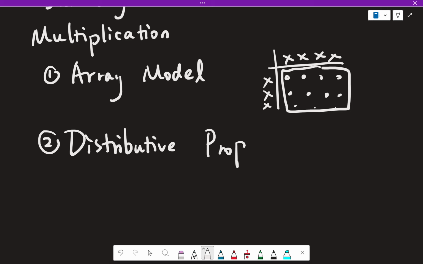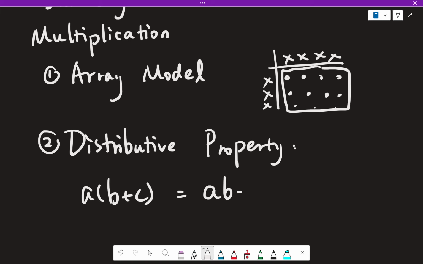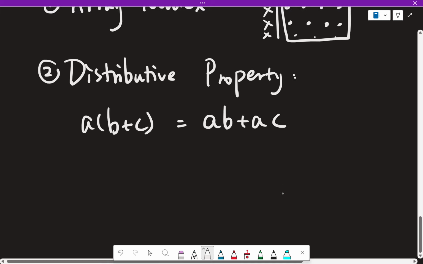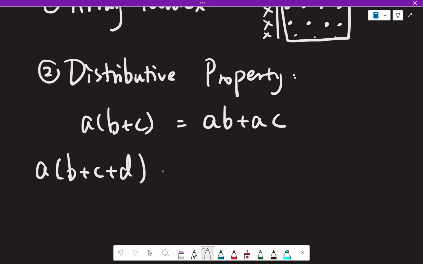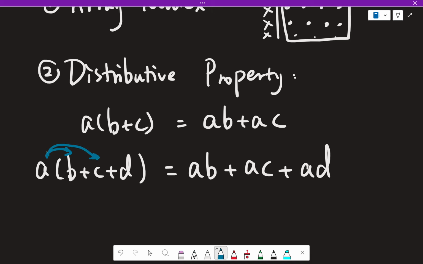And the principle of this property is based on A times (B plus C) equal to AB plus AC. And this can be extended into A times (B plus C plus D). We can have multiple terms inside here. AB plus AC plus AD. We just distribute or multiply this A into the three terms inside the bracket respectively and separated by the sign.